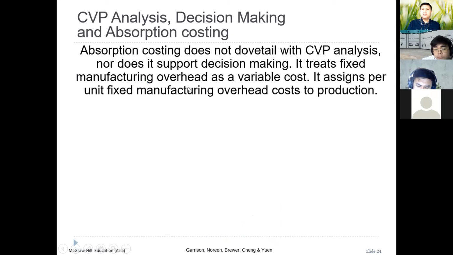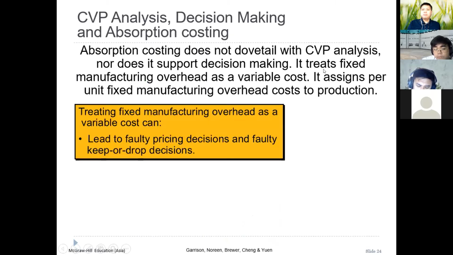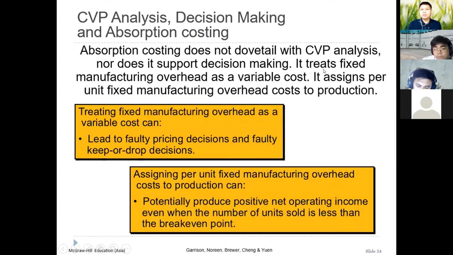Next, absorption costing does not dovetail with CVP analysis, of course. No, kasi yung CVP analysis, yung variable costing ang sinusunod niya. Nor does it support decision making. It treats fixed manufacturing overhead as a variable cost. It assigns per unit fixed manufacturing overhead cost to production.